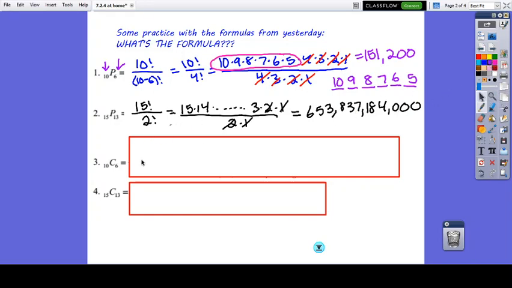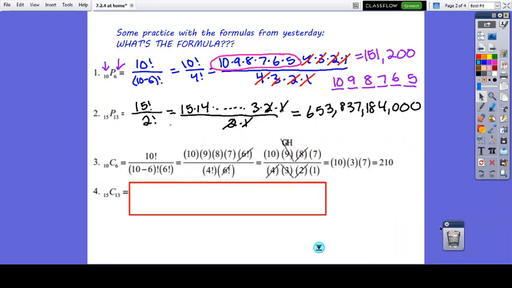Now, if you look at these combination ones, the difference here between this and the permutation one is take the permutation number and then divide by the ones that repeat each other. Okay, so the way the formula works is n factorial over n minus k factorial, the exact same as what we have here.